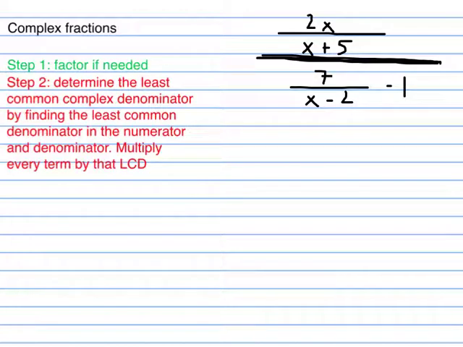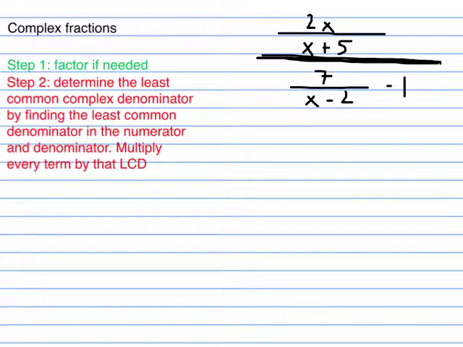In this case we don't. The second thing is to determine the least common complex denominator. You do that by finding the denominator in the numerator and the denominator in the denominator, and you're going to multiply every term by that least common complex denominator.